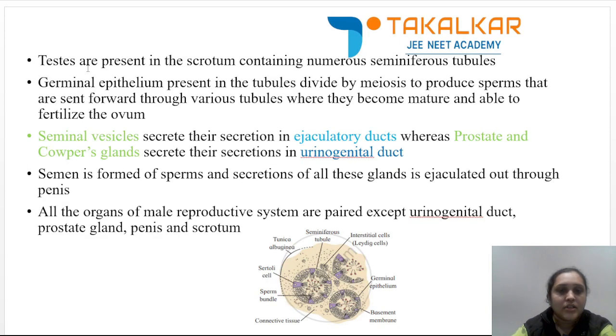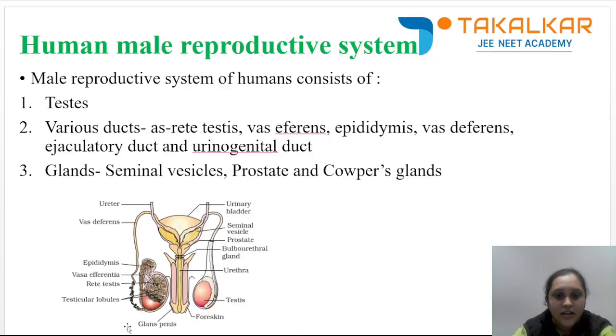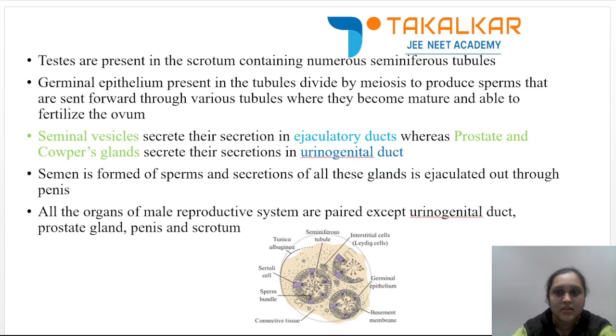Very important, the testes are present inside a sac-like structure which is called the scrotum. So the scrotum protects the testes. Inside the testes, there are a number of lobules, and inside these lobules are various seminiferous tubules.